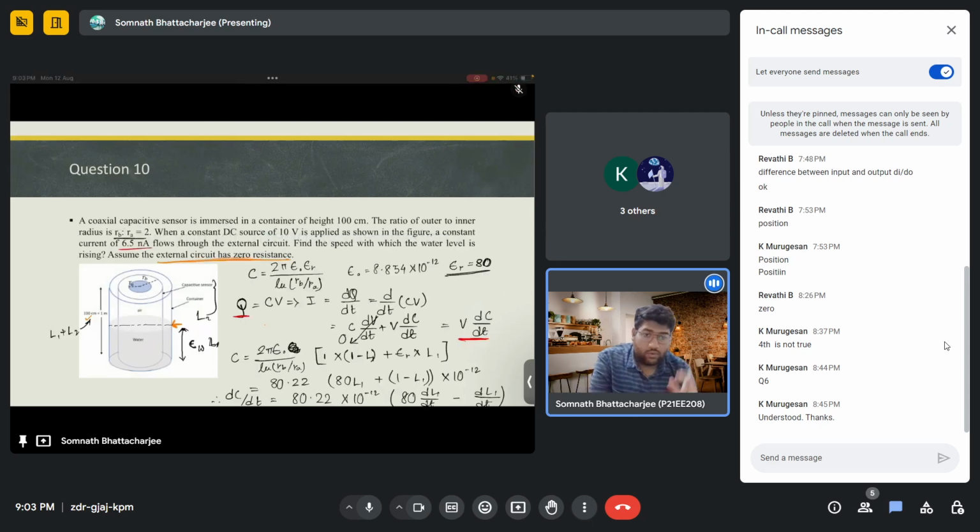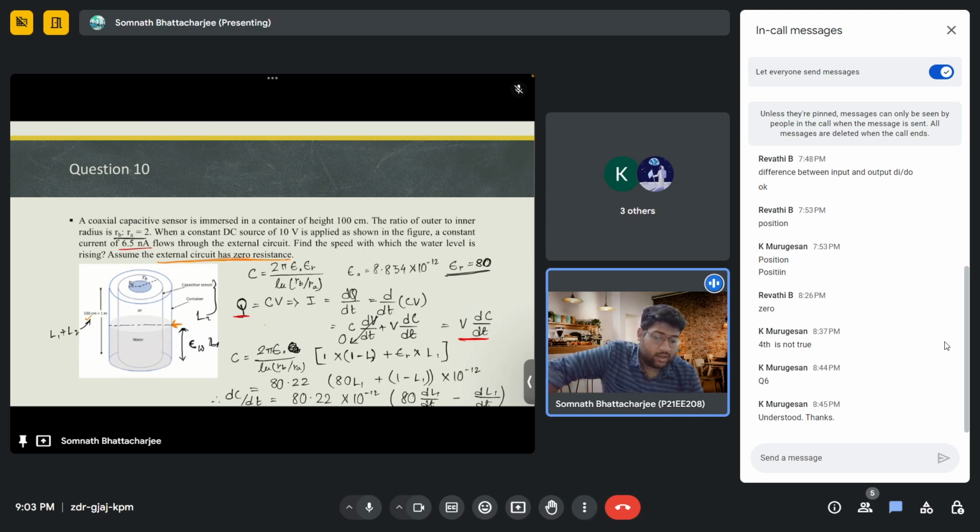So what we get to know from this question was that using a capacitive sensor, we can measure the value of water level change in a tank, or maybe you can say a container. Obviously, everybody knows this kind of a container we use, right? Because the plastic has its own thickness, because of that we have to compensate that value.